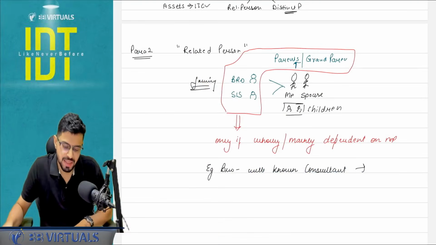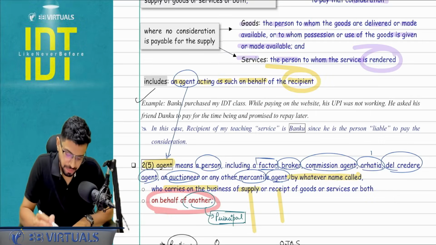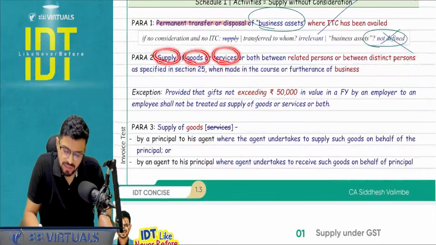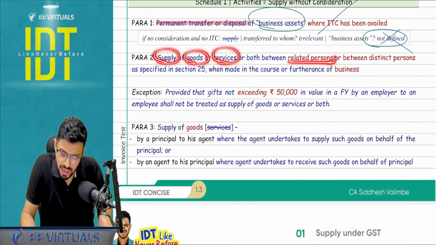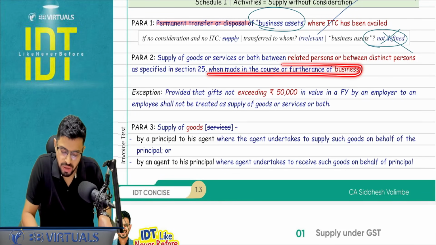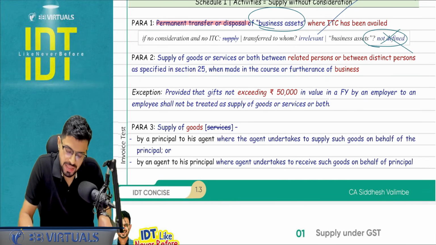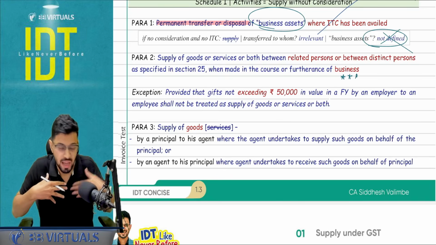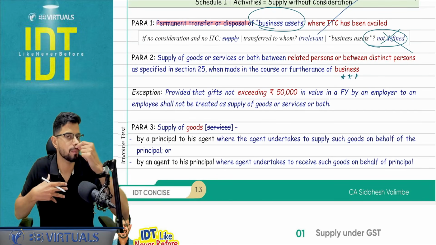So the implication is any supply of goods or services between related persons. This I will explain after the break. Between related persons when made in the course or furtherance of business. So don't forget the business condition. Here it is a part of my teaching business where I am giving the service to my wife.